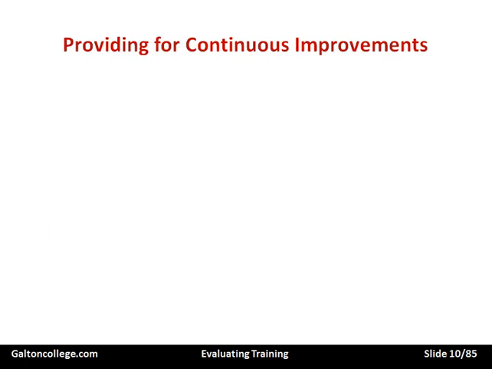Now, providing for continuous improvements. Well, one way to provide for continuous improvements is to abandon training. It may be that the training programs are not that effective, or it may be that the training programs are causing conflict and ambiguity and misunderstandings, and it may be that they are detracting from productivity.